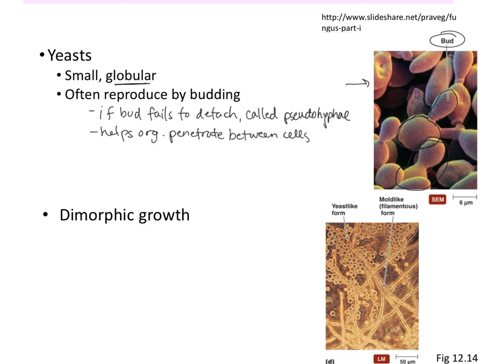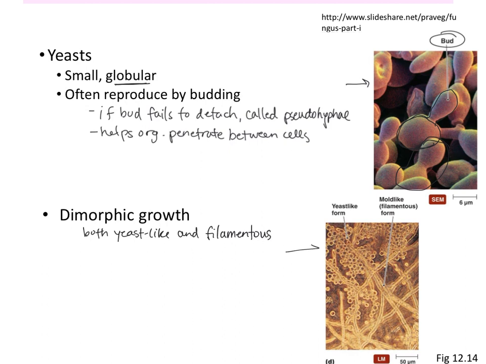Okay. And some fungi exhibit both yeast-like and mold-like growth. So we call that dimorphic growth. So both yeast-like and mold-like, or we'll say filamentous.